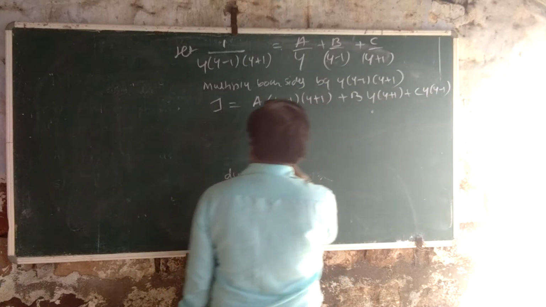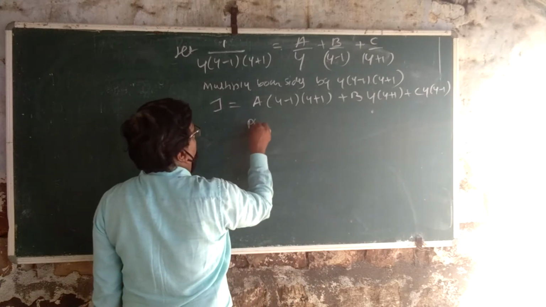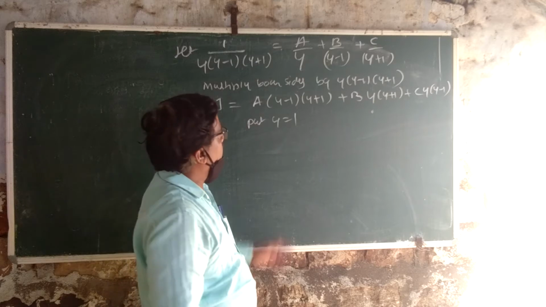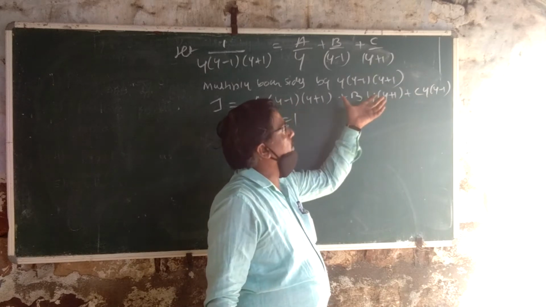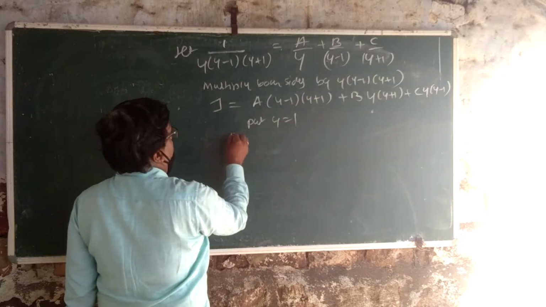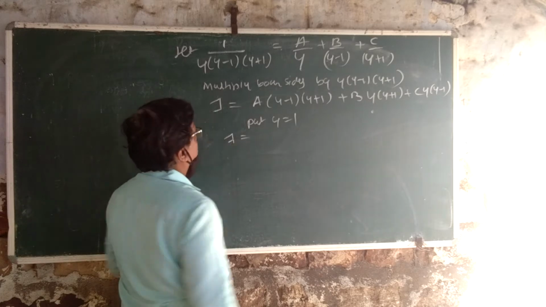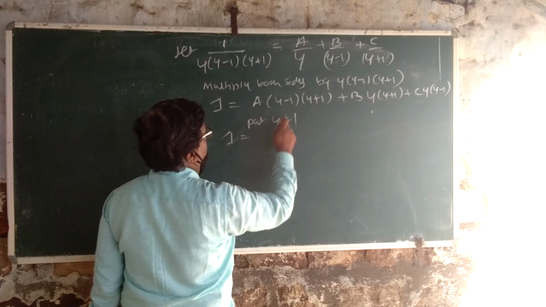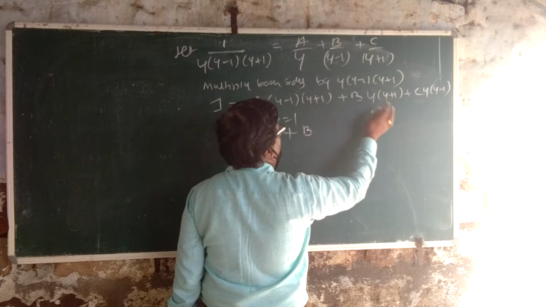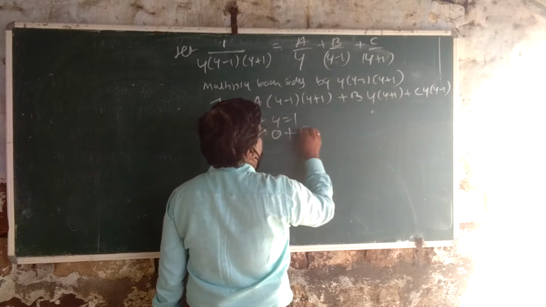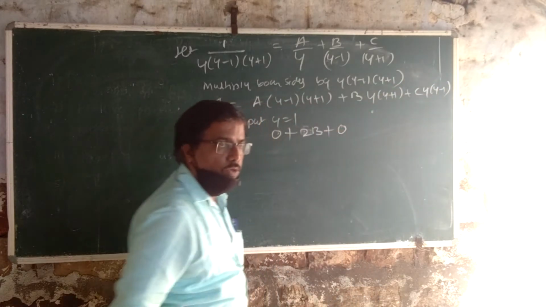Now we choose some values of y. First put y is equal to 1, so that the a term becomes 0 and the c term is also 0, only b remains. Then 1 is equal to b into 1 plus 1, that is 2b, and the other terms become 0 as y minus 1 is 0.